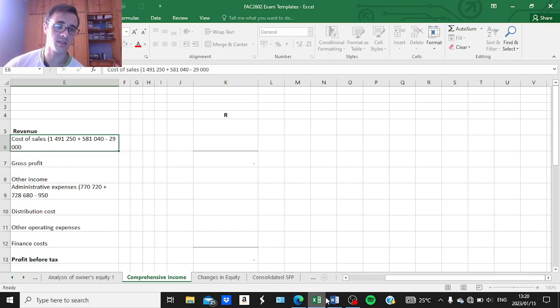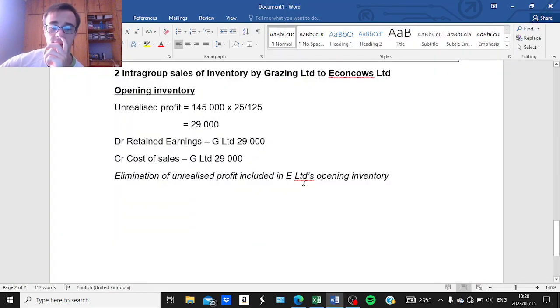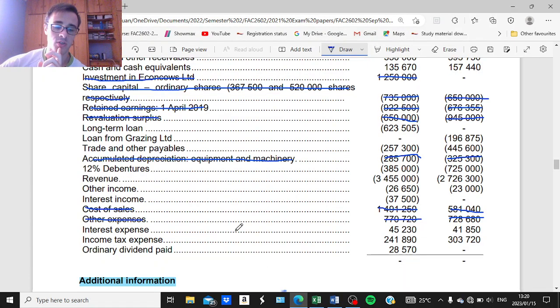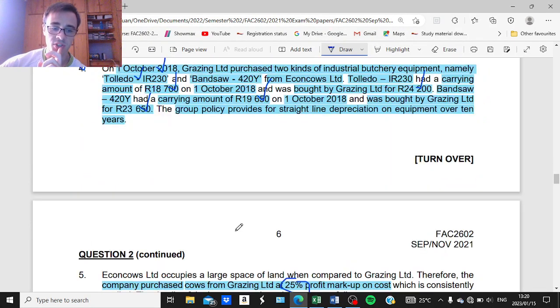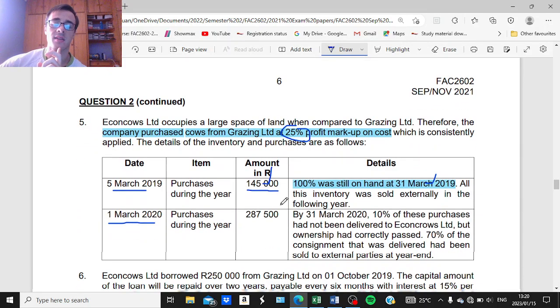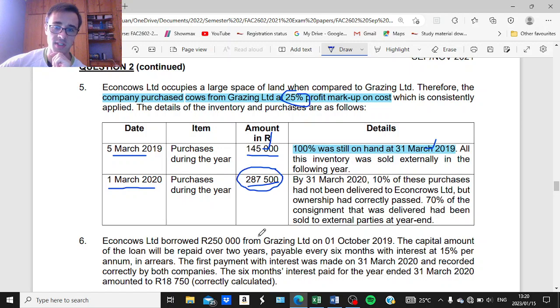Minus 29,000. That is the elimination of unrealized profit in opening inventory. Then we will move on to the current year's intergroup sales of inventory, which took place on the 1st of March 2020. And the amount of intergroup sales for the current year was 287,500. So this is the amount that we need to eliminate for consolidation purposes.